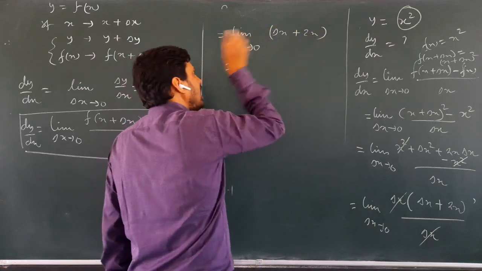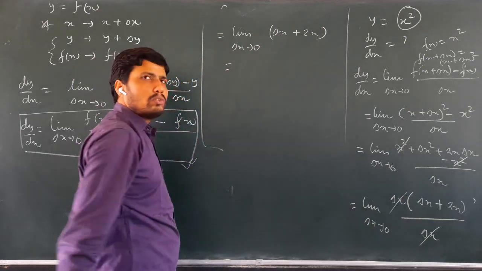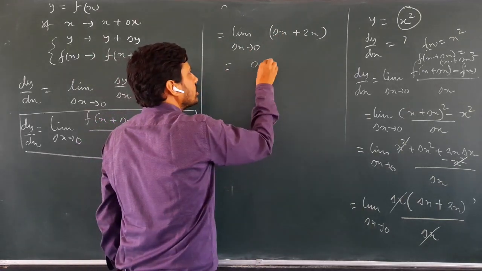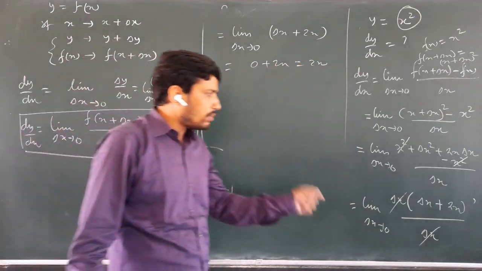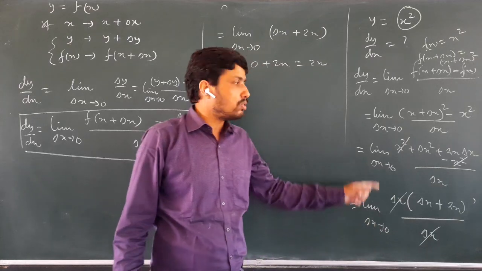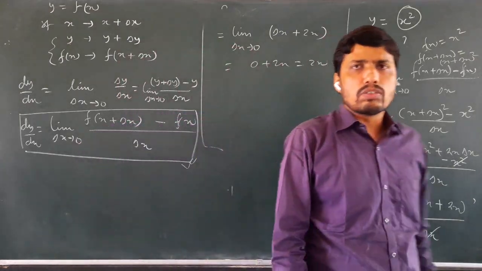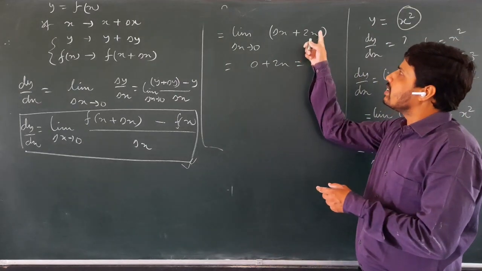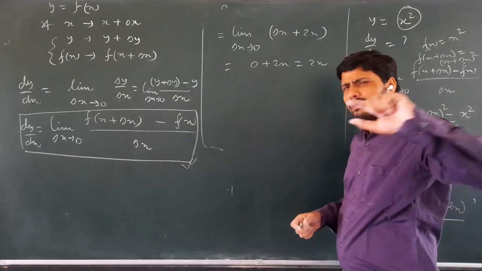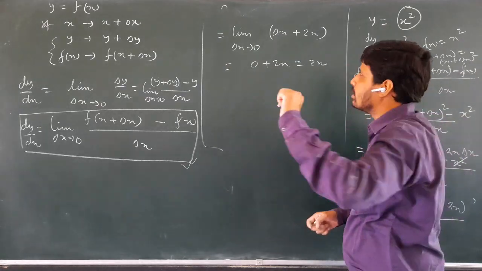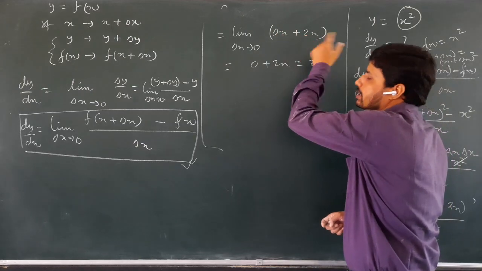Now I told you in the last step, when no further simplification is possible, put delta x is equal to 0. So 0 plus 2x is equal to 2x. Why do we do that? Here I was saying don't put delta x is equal to 0, here I am saying put delta x is equal to 0. Putting delta x is equal to 0 is actually with reference to this. Delta x, as I told, is 0.00 something, many zeros before the 1. This will be very small compared to 2x.